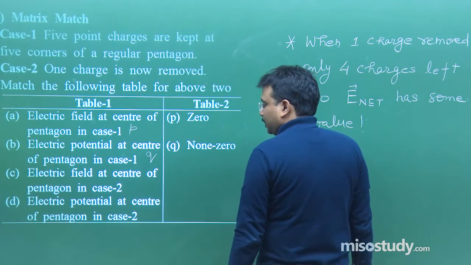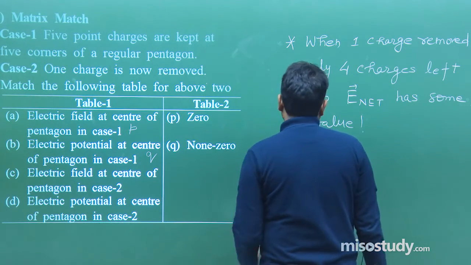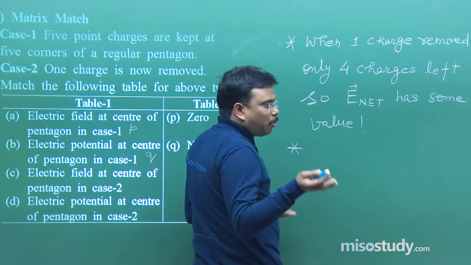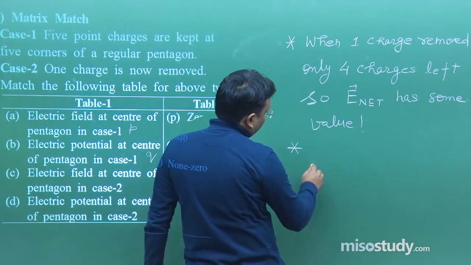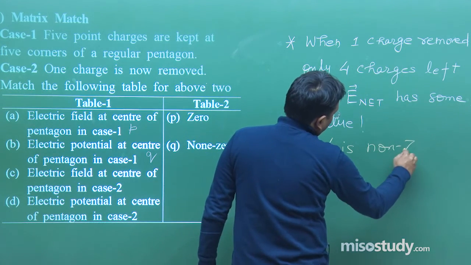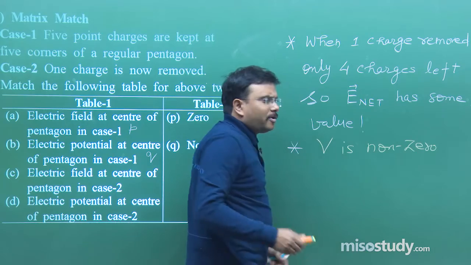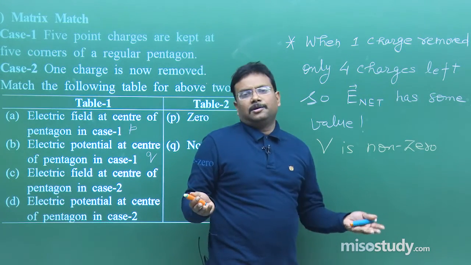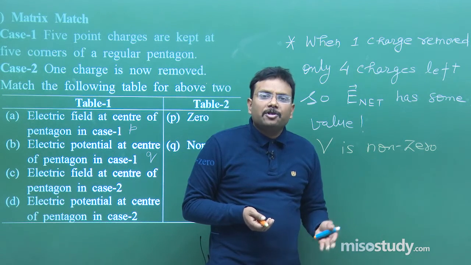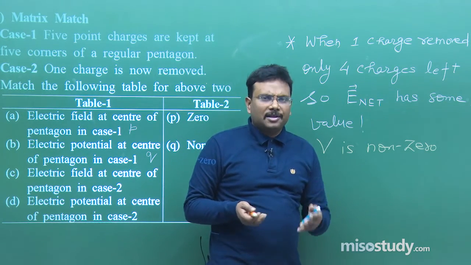Consider electric potential at center of pentagon in case 2. Now, over here you can say, sir, there is no point of explanation, simply say V is non-zero because it is an algebraic sum. So, when 4 charges are left, obviously it is going to be some value, and that value is 1 upon 4 pi epsilon naught, Q upon R1 plus R2 plus R3 and so on.